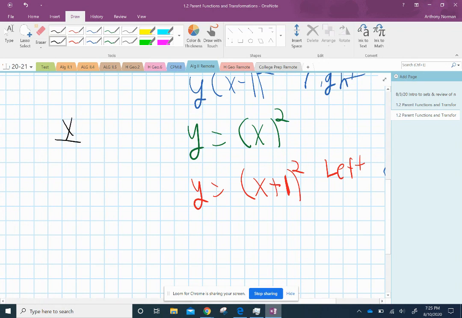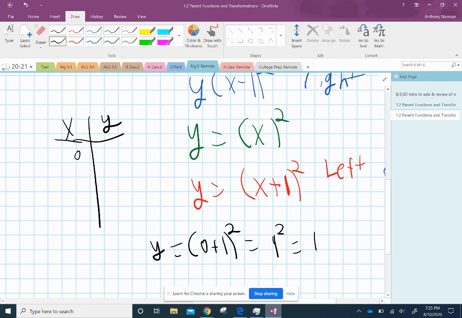So x, y table. When x is 0, y equals 0 plus 1 squared. So that is y equals 1 squared equals 1, so y equals 1.